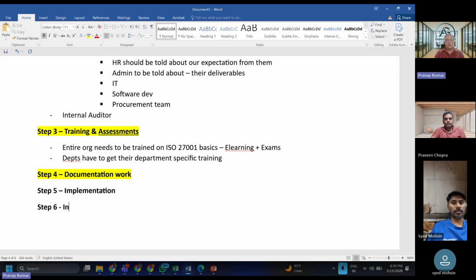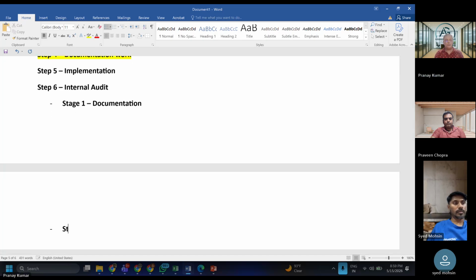एक बार इम्प्लीमेंटेशन हो गया, वी आर नाउ लुकिंग टू कंडक्ट द इंटरनल ऑडिट। लाइक आई वाज सेइंग अबाउट द सर्टिफिकेशन बॉडी, हम भी ऑडिट करेंगे तो 2 स्टेजेस में करेंगे। स्टेज 1 जिसमें हम सारा डॉक्यूमेंट ऑडिट करेंगे, स्टेज 2 where we will check the implementation.